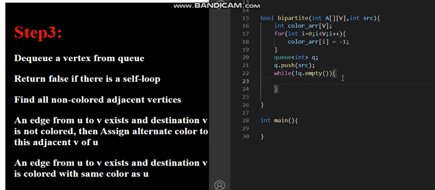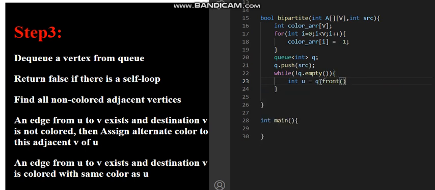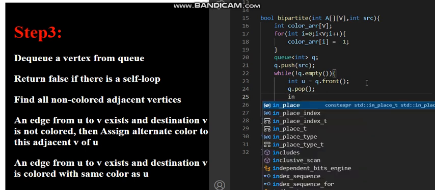Now let's dequeue the vertex in the queue, and for that we can take the top element in the queue, and for dequeuing you can write q.pop. And now if there is a self loop, we'll return false.